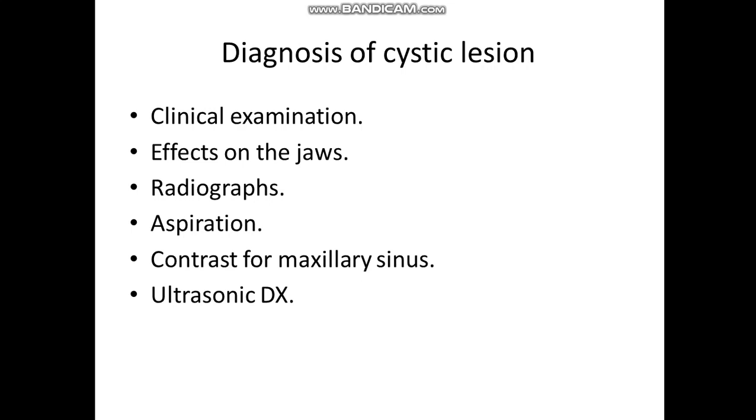It helps in the diagnosis of the type of cystic lesion, not whether it is a cystic lesion or not, but the type, whether keratocyst, radicular cyst, dentigerous cyst, and so on. Contrast is used to differentiate between the radiolucency of the maxillary sinus and that of the cystic lesion, and ultrasonic is mostly used for soft tissue cystic lesions such as ranula and so on. So this is the end of the lecture, and thank you for your attention.